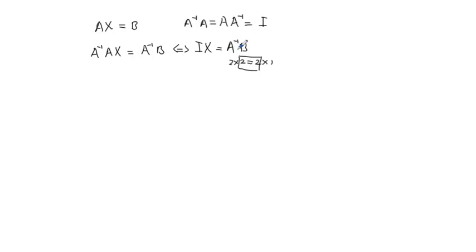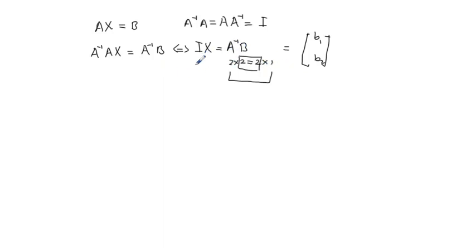And the answer will also be a 2 by 1, meaning the answer we're going to get here is simply B1 and B2. So it has how many rows? 2 rows and 1 column.